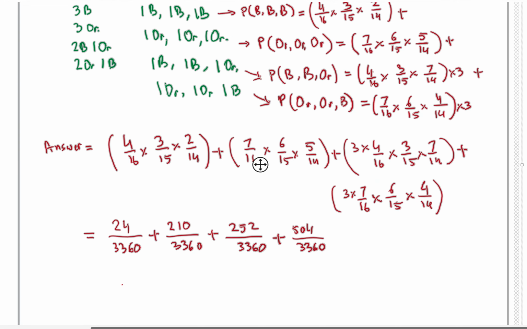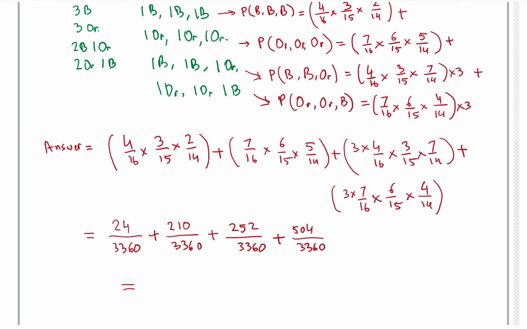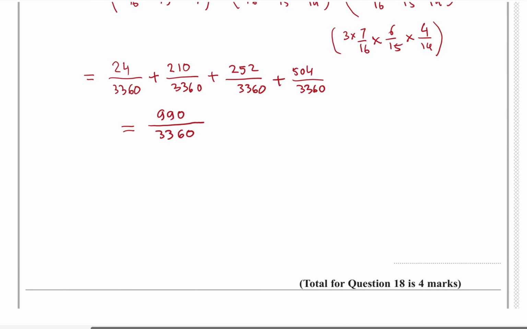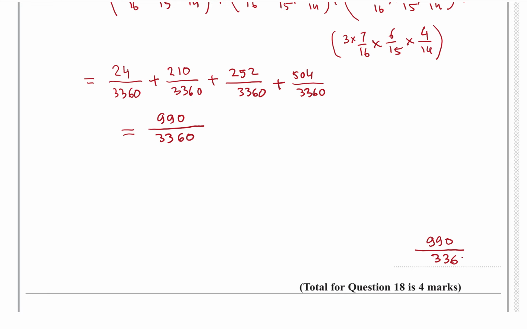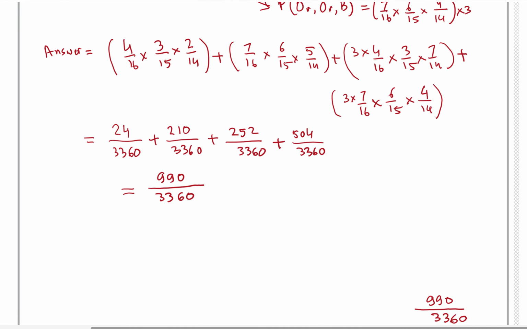We have to sum them all up: 24 plus 210 plus 252 plus 504, and we get 990 over 3360. And so we can write it down in the answer here. That's the answer.